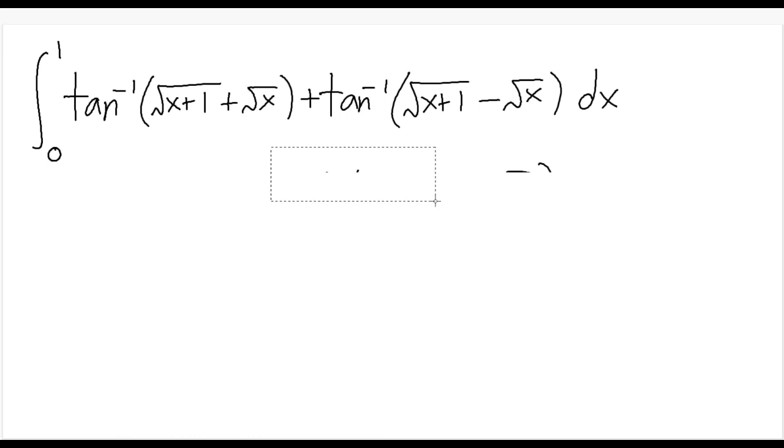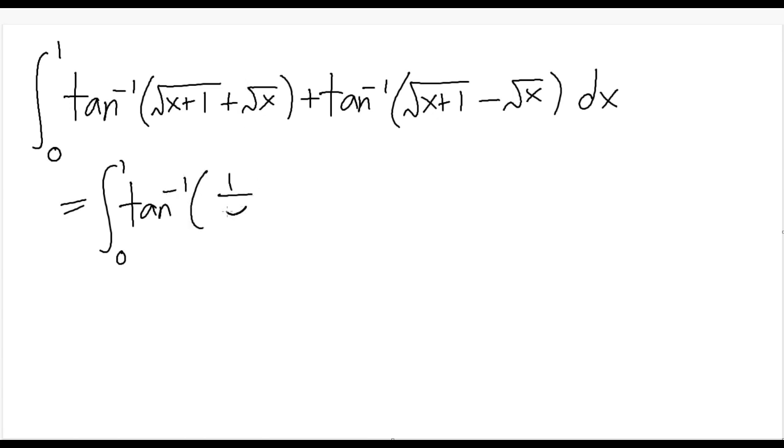we pretty much have inverse tangent of 1 over alpha plus inverse tangent of alpha.